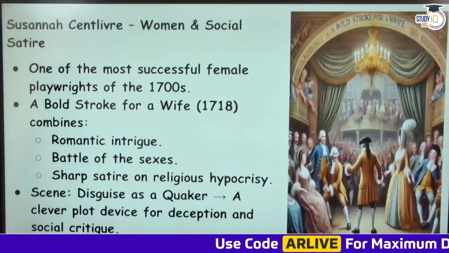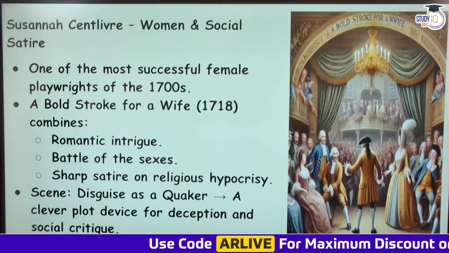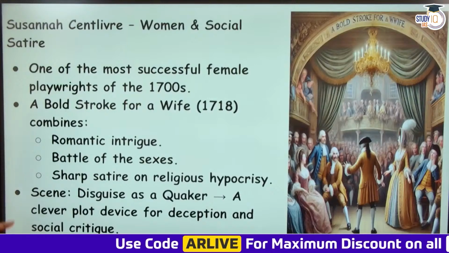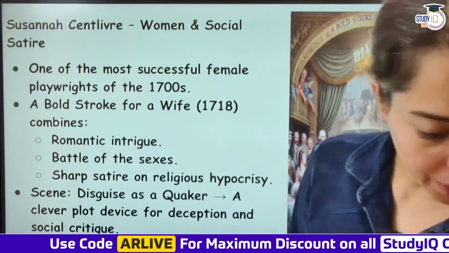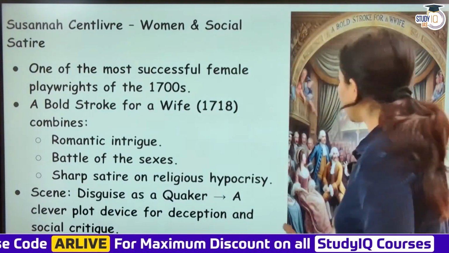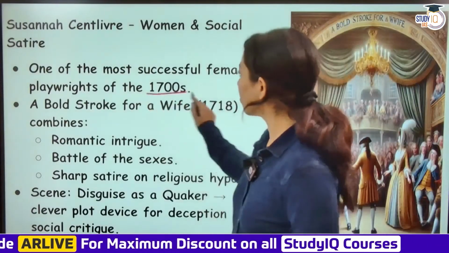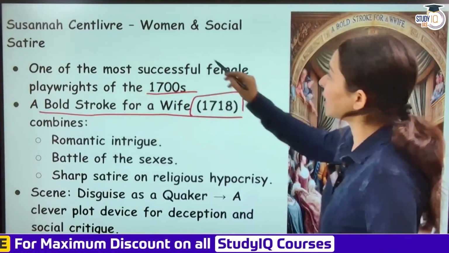Then you have Susanna Centlivre, woman and social satirist. We also had women playwrights who were successful and exhibiting good plays. One of the most successful female playwrights of the 1700s wrote A Bold Stroke for a Wife in 1718. Who wrote this?